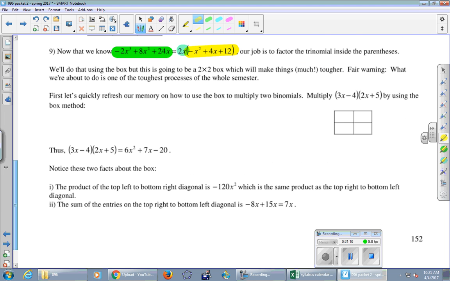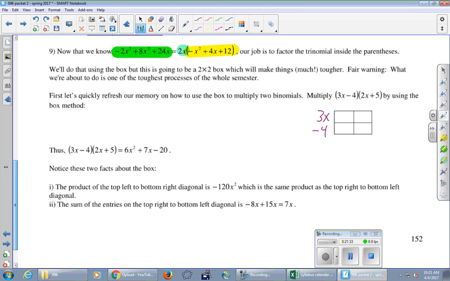We are going to be using a 2x2 box to factor that thing in yellow. Before we do, let's remind ourselves of how to multiply using the 2x2 box. So we're going to multiply here. Negative 3x minus 4 times 2x plus 5. Let's go ahead and put the first guys out in the front: negative 3x minus 4.